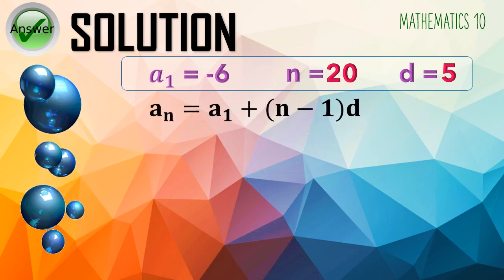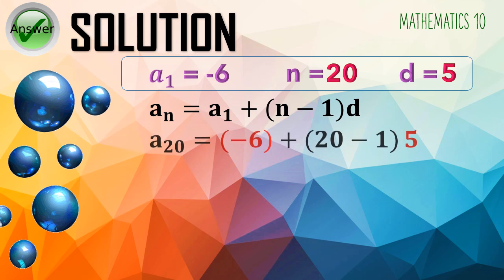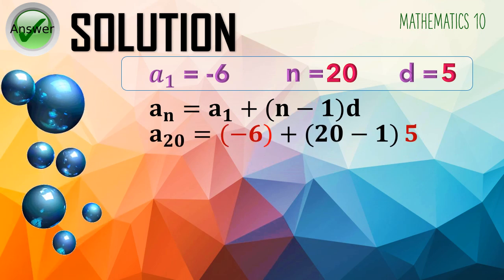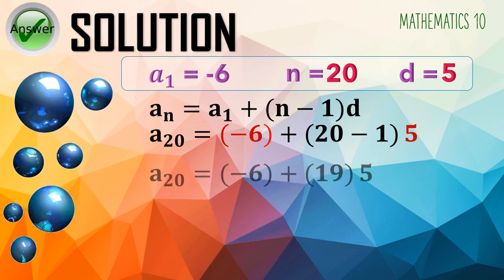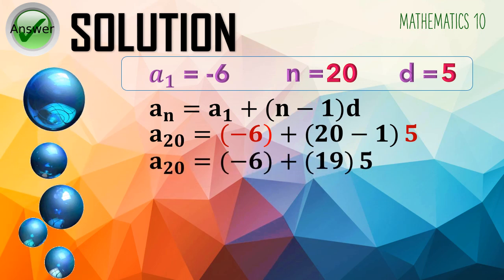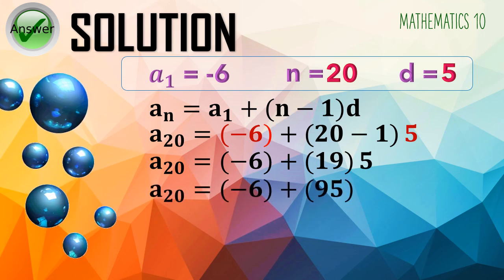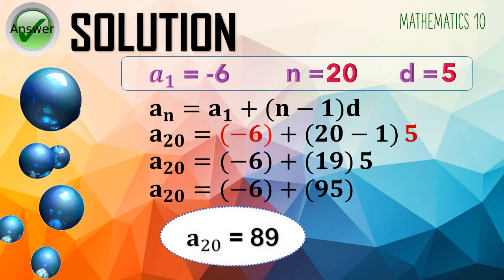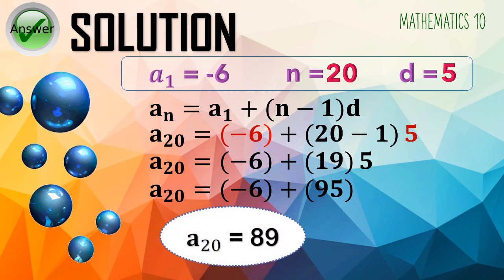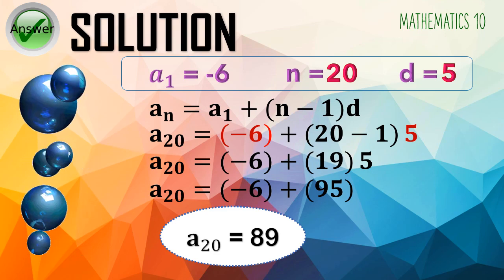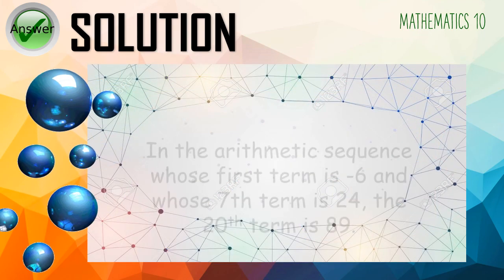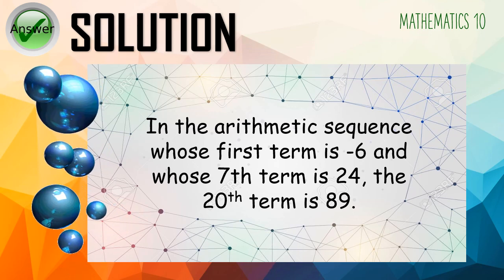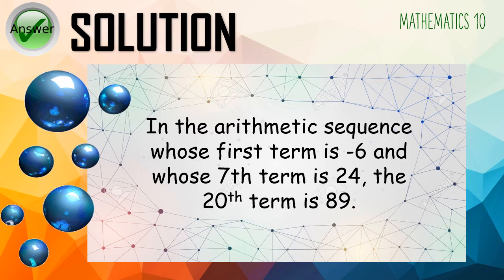Substituting in the formula once more, we process those inside the parentheses first, the 20 minus 1, which is 19, and then multiply with 5, we have 95, and lastly combine it with negative 6, therefore a sub 20 equals 89. That's it. So our final answer would be this one: the 20th term is 89.